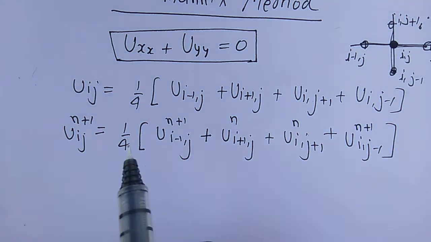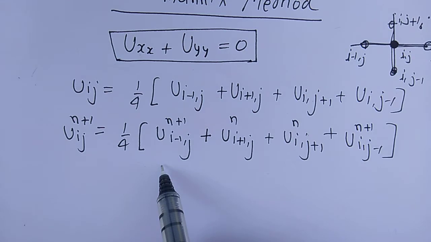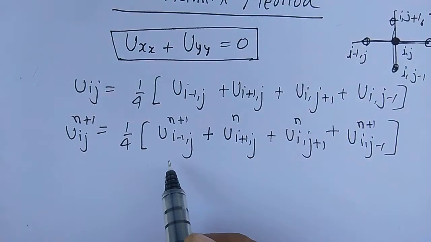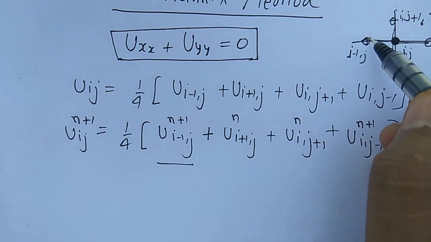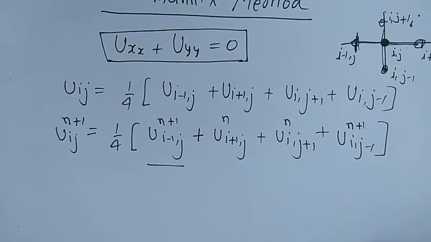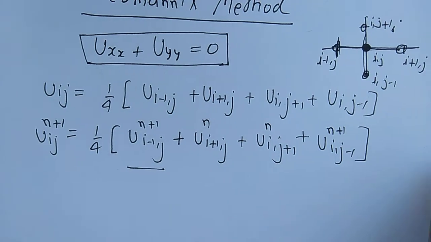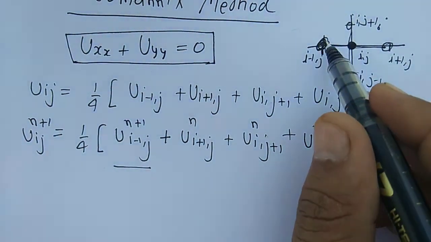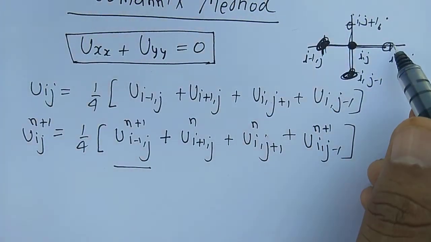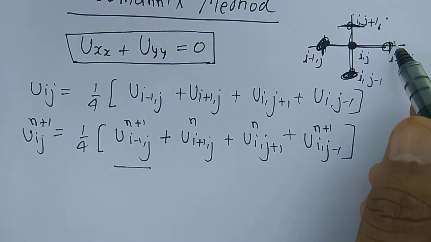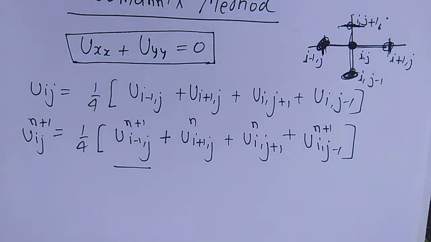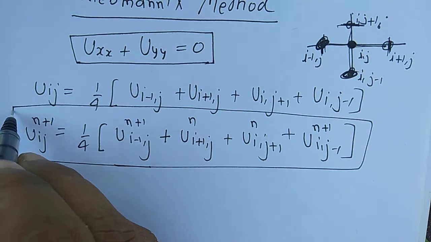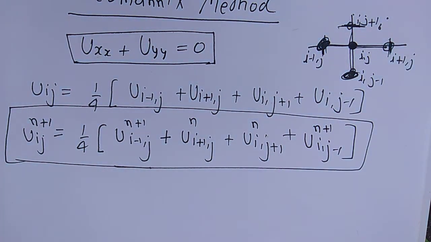If you see this formula, we are using the updated value. I minus 1 j means this previous point, and u i j plus 1 is this point. For this point we are using the updated value, and for this we are using the value from the previous approximation. So this is your iteration formula. Let me take one problem based on this formula.